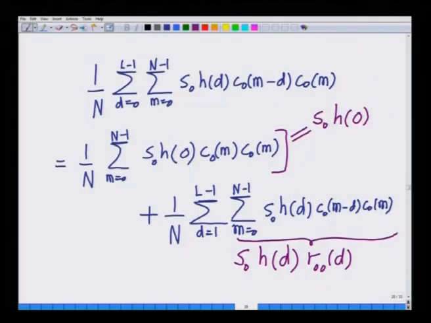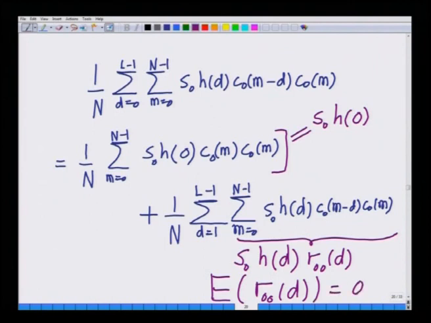However, for the rest of the paths, because the CDMA chip sequence has been shifted, the correlation with C 0 m is R 0 0 of d, which corresponds to the shift, and we know that the expected value of R 0 0 of d is 0.